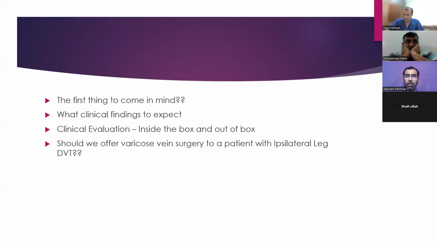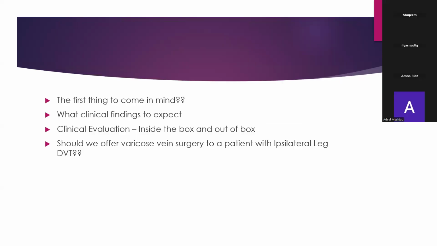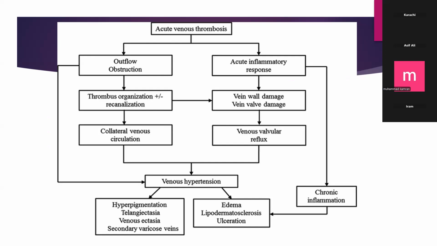So as we discussed, this is post-thrombotic syndrome, most probably a consequence of it. The pathophysiology of post-thrombotic syndrome, anyone of the fellow participants, Mukim, Kamran, what is the pathophysiology? Basically, it lies in two factors. One is obstruction and the other is inflammation.